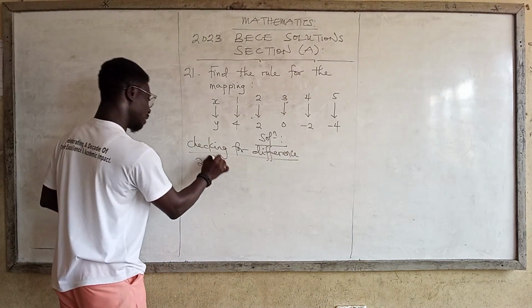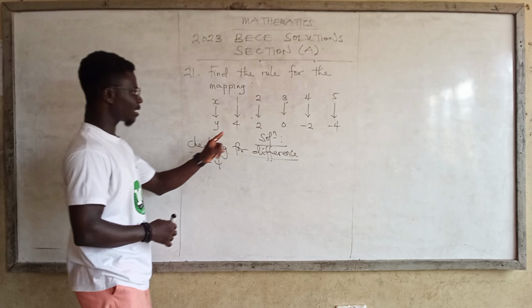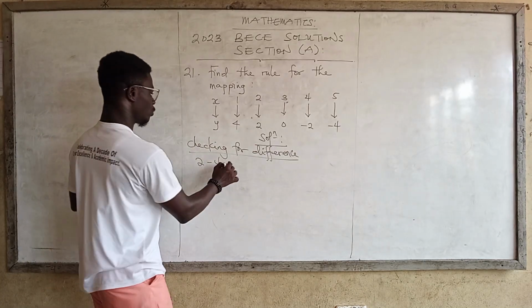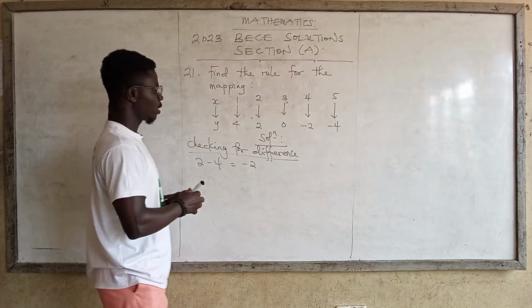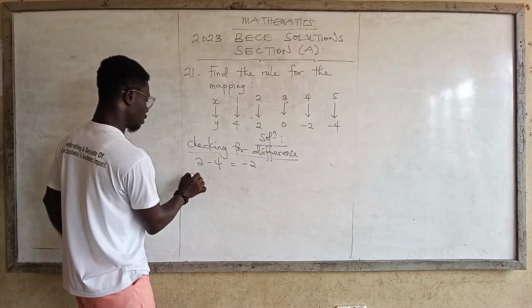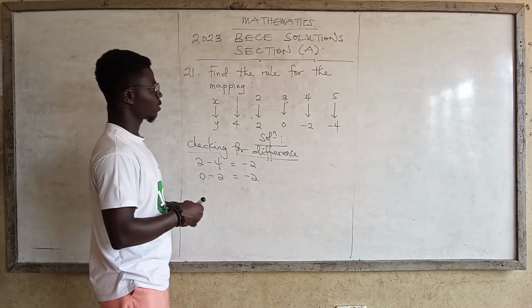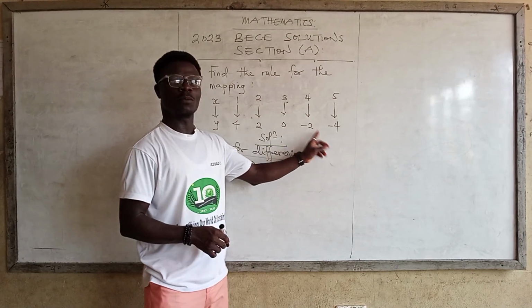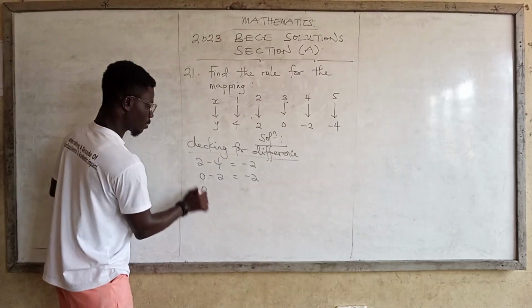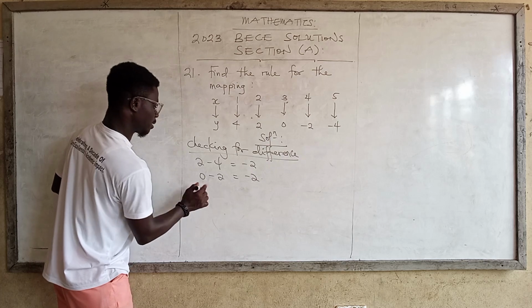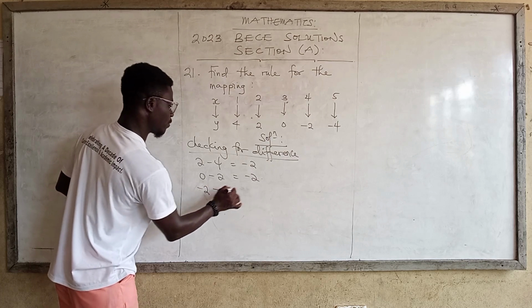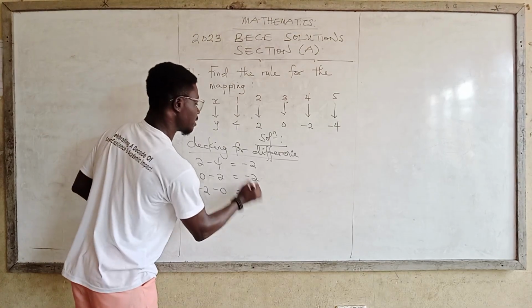So we get 2 minus 4, which means we are subtracting 4 from 2, so we obtain negative 2. Now 2 from 0, which is 0 minus 2, we obtain negative 2. 0 from negative 2, that's negative 2 minus 0, which is the same thing, negative 2.